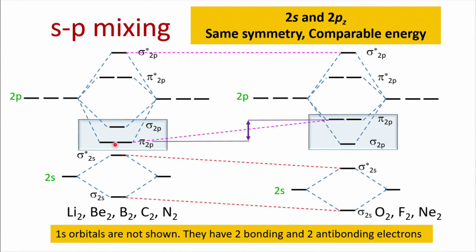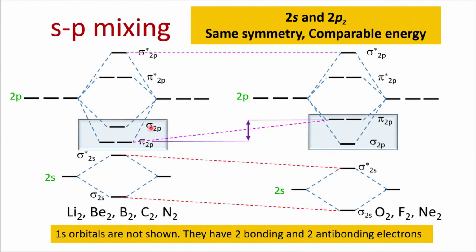When we look at sp mixing, the major thing you have to understand is that the sigma 2s orbitals are lowered in energy and the sigma 2p orbitals are raised in energy because s and p orbitals have comparable energy.